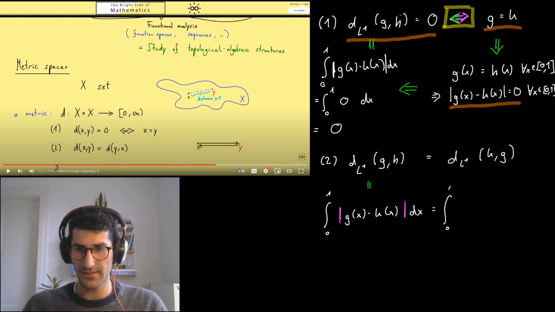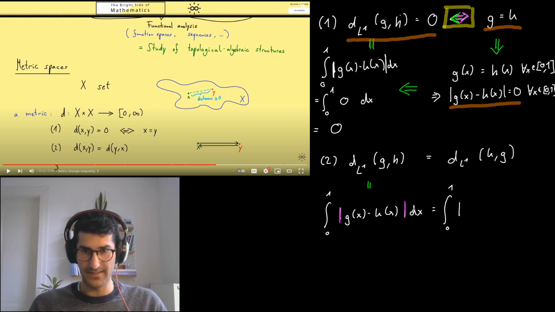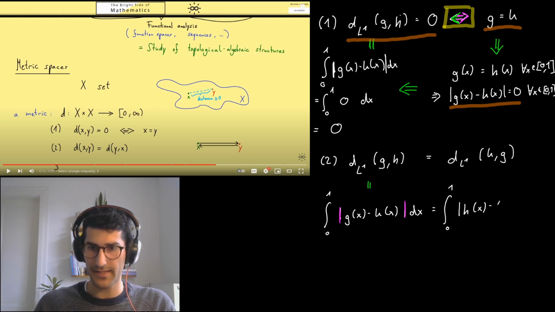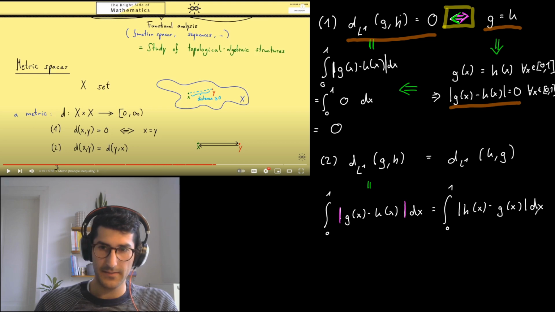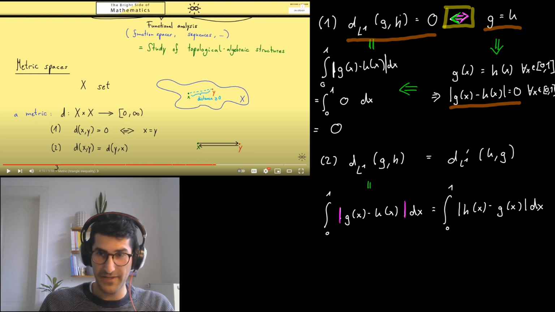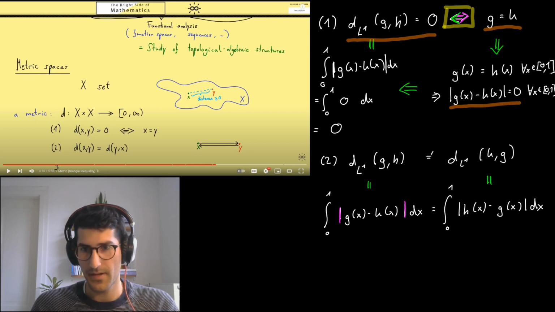Concretely speaking, this means that this integral, or more precisely the absolute value of g of x minus h of x, is the same as the absolute value of h of x minus g of x dx. Well, but going now back to the definition of the L1 distance of h and g, this just means that h and g have the same distance to each other.